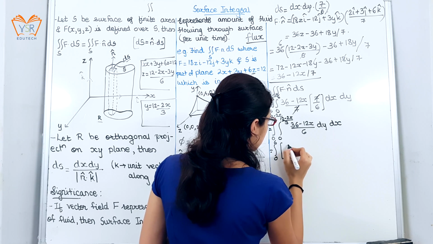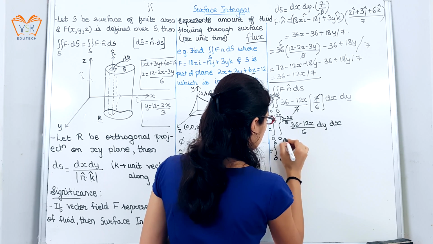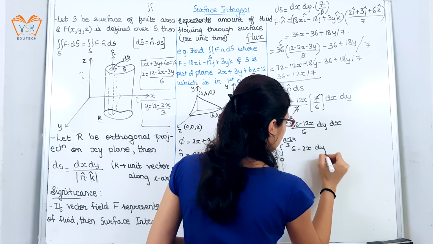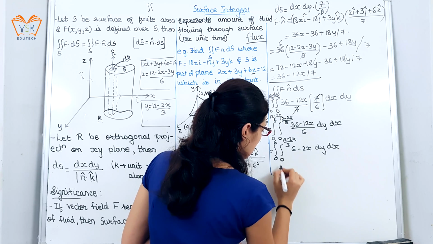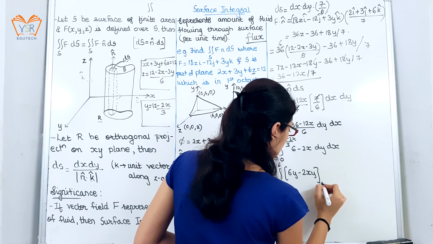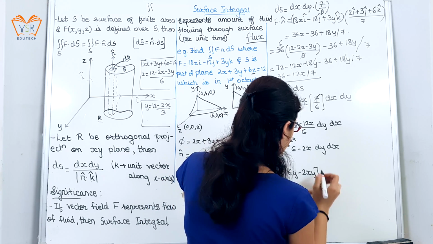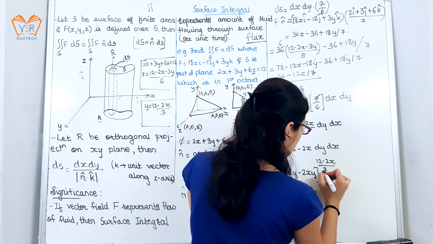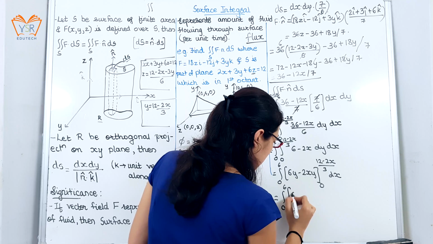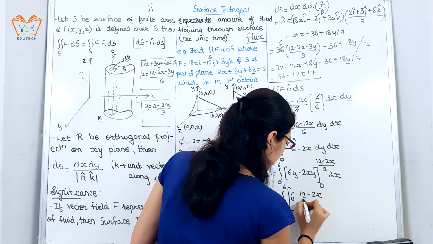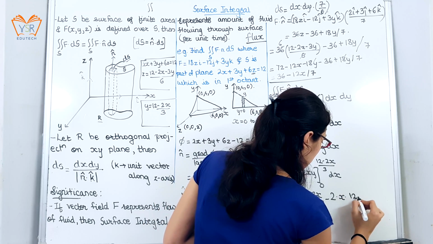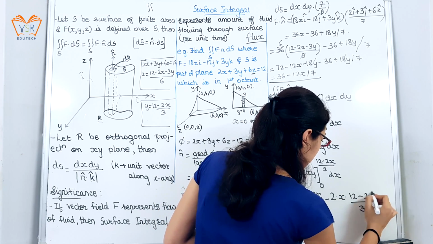First we'll divide it. The integral is 0 to 6 of (6 minus 2x) dy dx, which gives 6y minus 2xy with the limits 0 to (12 minus 2x) divided by 3, dx. Now substitute the value of y in this. We get 6 into (12 minus 2x) divided by 3 minus 2 into x into (12 minus 2x) divided by 3.